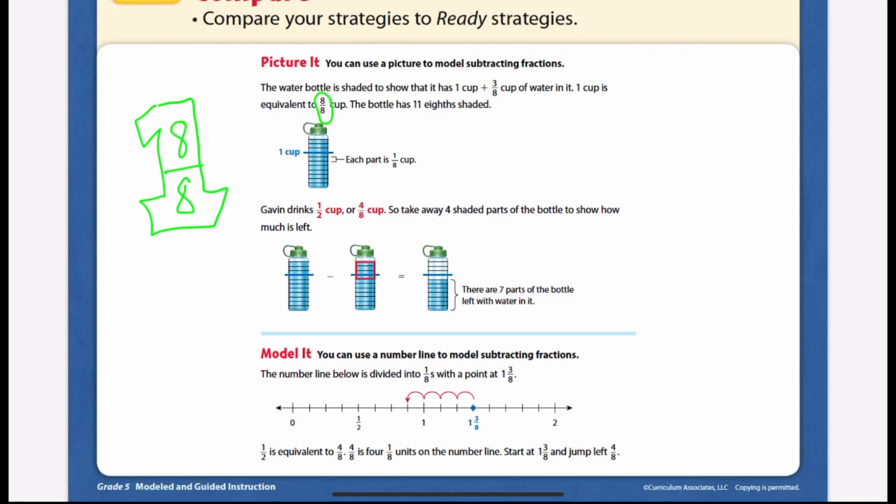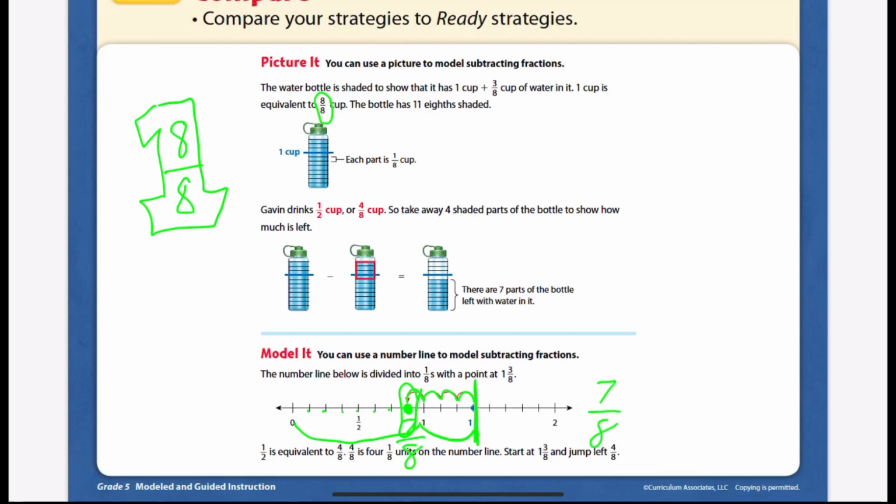1 3/8 right here. That's how much was in the whole water bottle when it was full. And then remember, he drank 4/8, 1/2. So 1, 2, 3, 4. And then this is the part where we are right here. So where are we at? 1, 2, 3, 4, 5, 6, 7, 7/8.